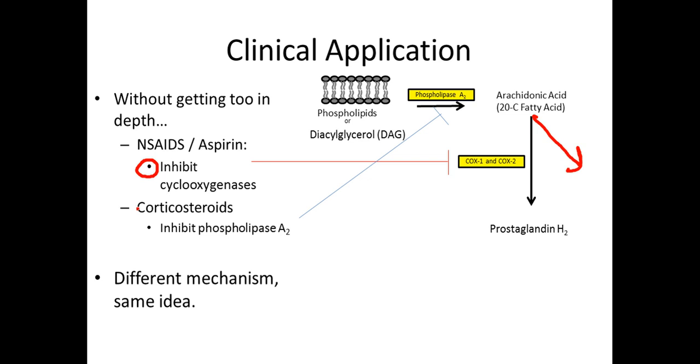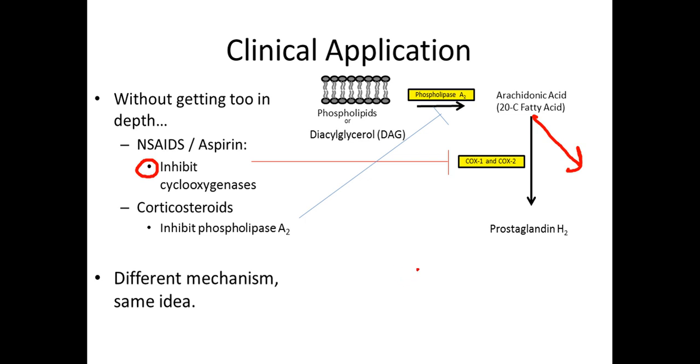Also, corticosteroids play into the picture here, because steroids inhibit phospholipase A2. So NSAIDs, aspirin, and steroids all have some degree of preventing prostaglandin, prostacyclin, and thromboxane production. However, corticosteroids act in a different location. They prevent arachidonic acid from even being made, so you may have reduced leukotriene production.